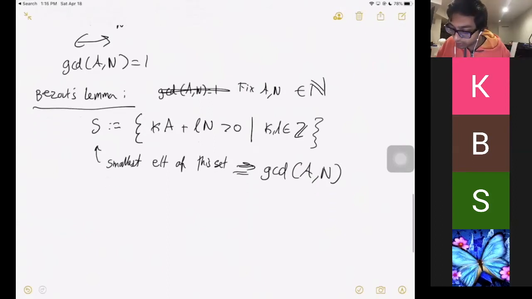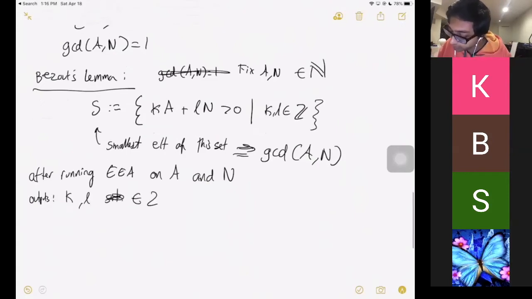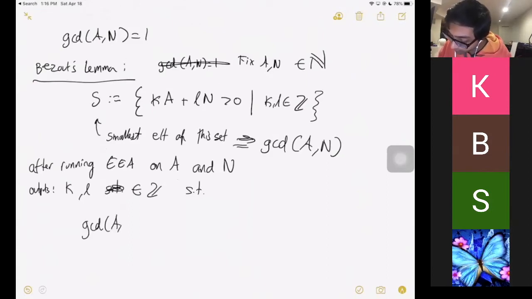So specifically, after running the extended Euclidean algorithm on a and n, it'll spit out a k and l, which will be integers, such that GCD of a and n is equal to k times a plus l times n.